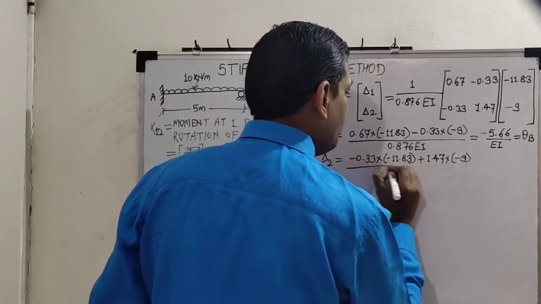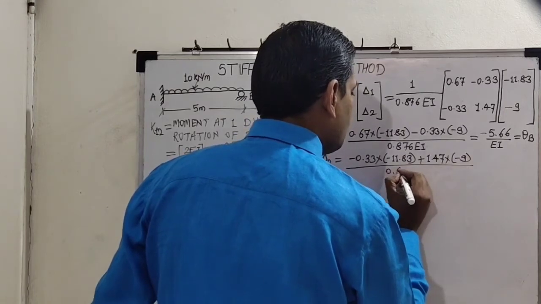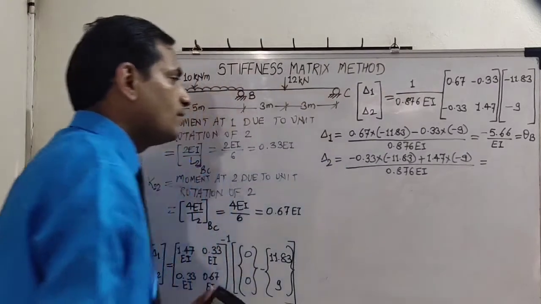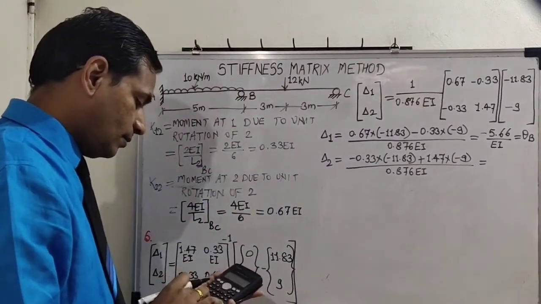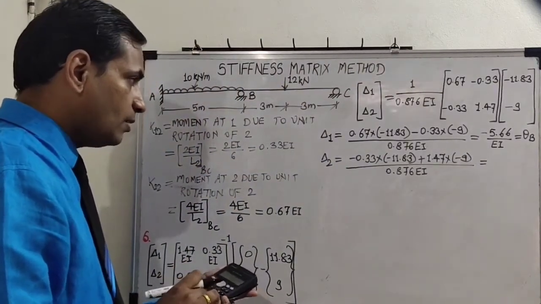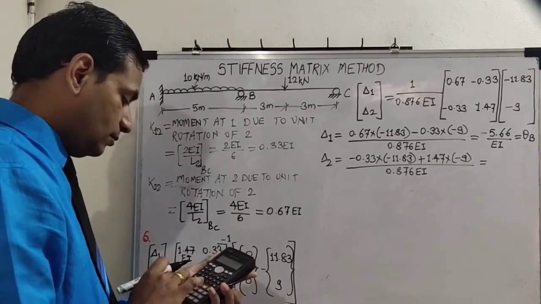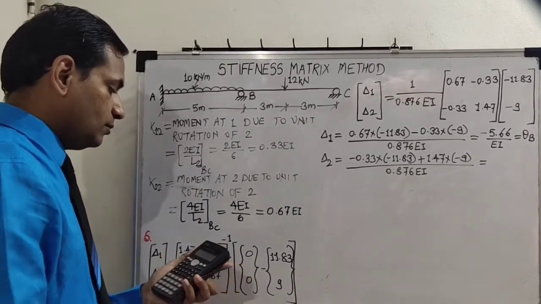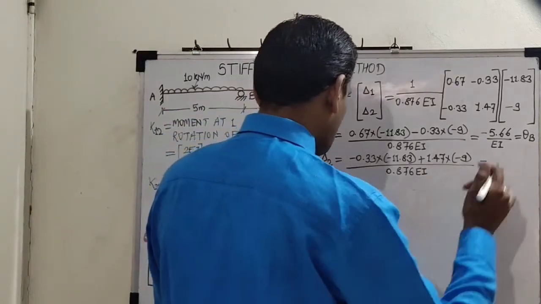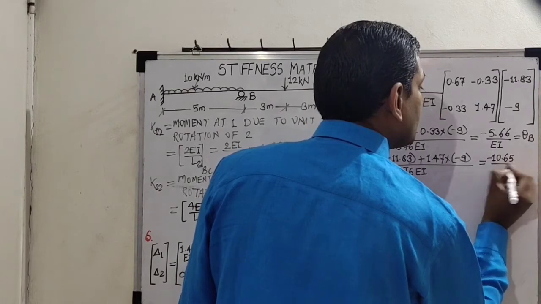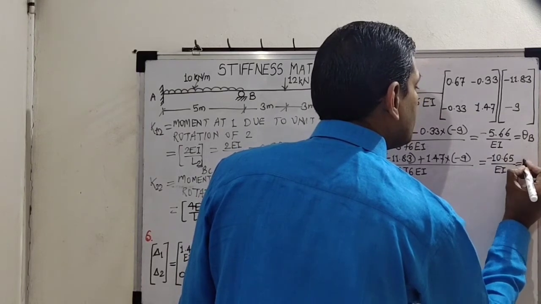Again this is totally divided by 0.876EI. So the answer is minus 10.65 upon EI. This is theta c.